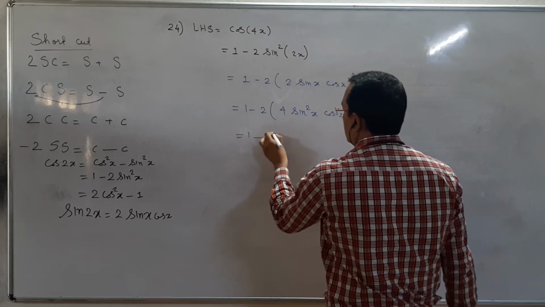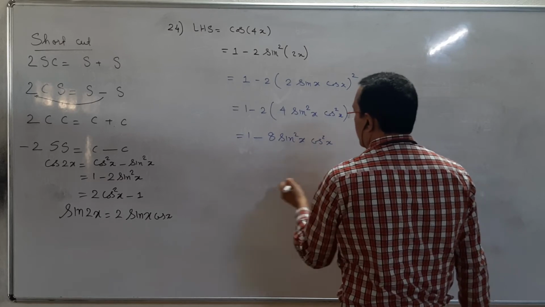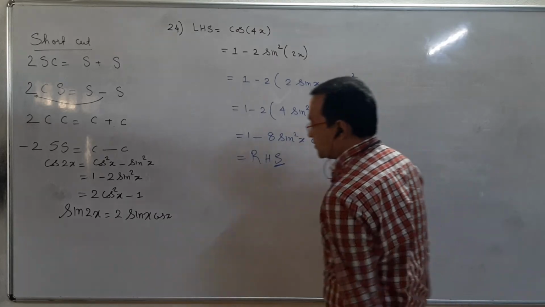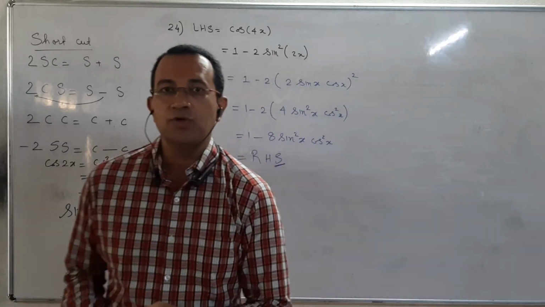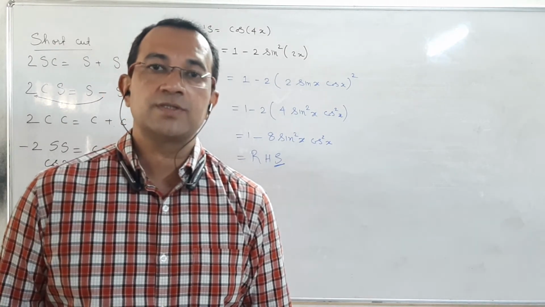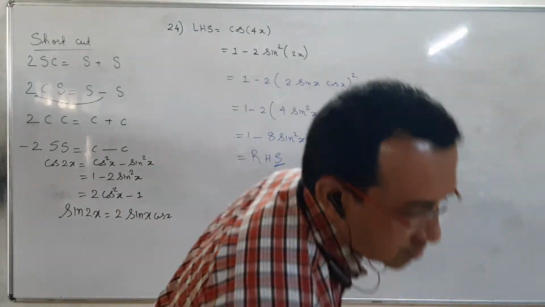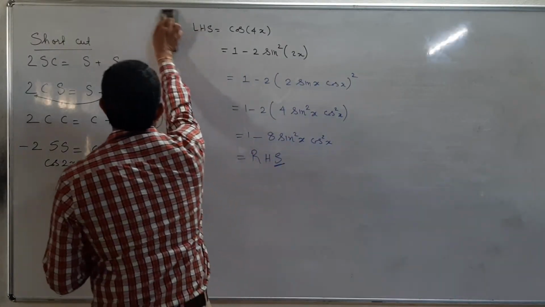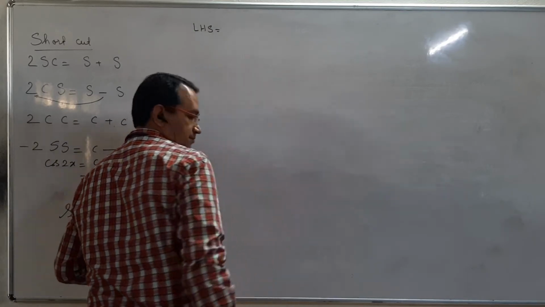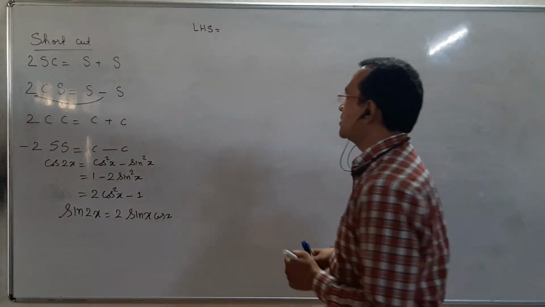So this is 1 minus 8 sin square x cos square x, and this is your RHS. Hence, LHS is equal to RHS. The required sum, students, is proved. Now we go for sum number 25. And the left hand side given is cos of 6x.